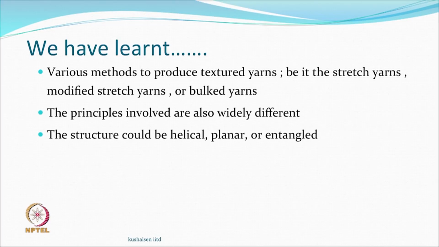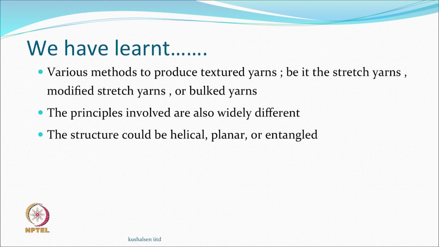Another is interlacement, which is not a bulk development, but it has some inspiration from whatever is happening in the bulk yarn, and is part of the filament industry and part of the texturing industry. So, we come to the end of this today, the various methods which can be used to produce textured yarn.